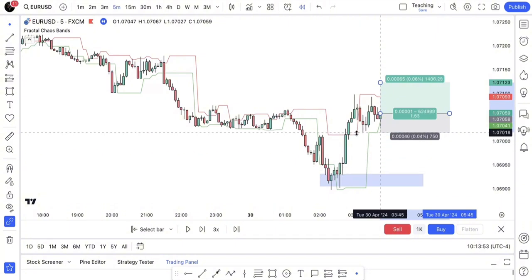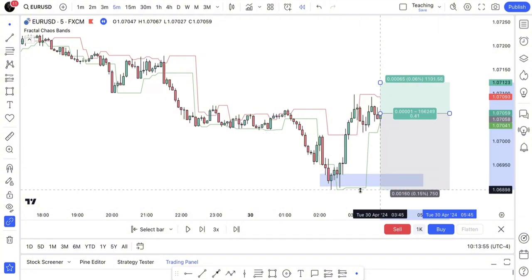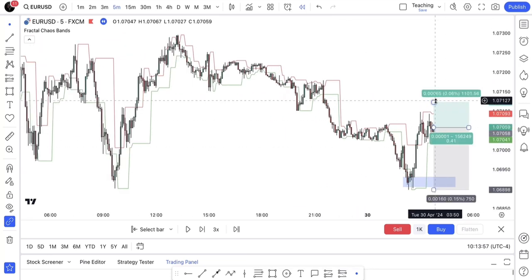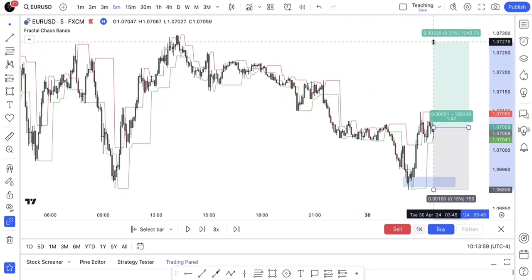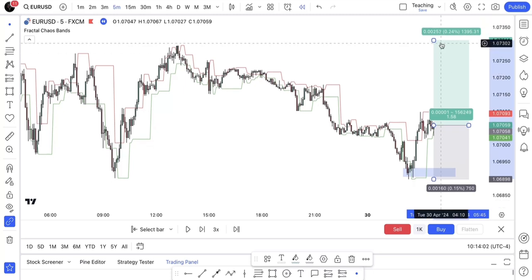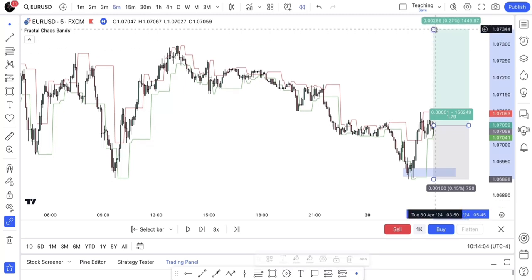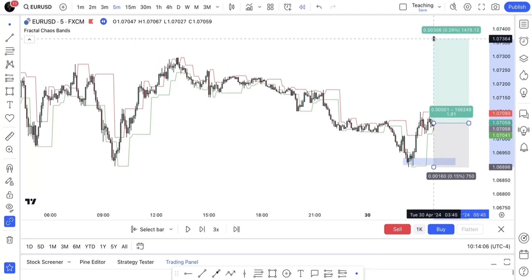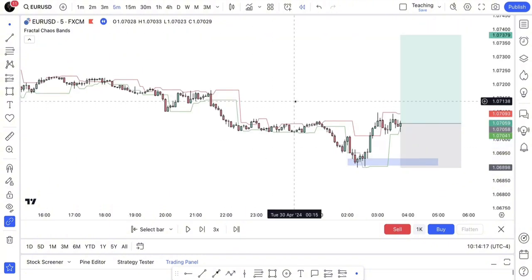If you prefer the tighter one here, but I recommend you put it a little bit lower. I know it's a large stop loss, but we always go for the 2RR, so we're not going to catch low moves because it's so hard with this indicator. All right, here's our entry.